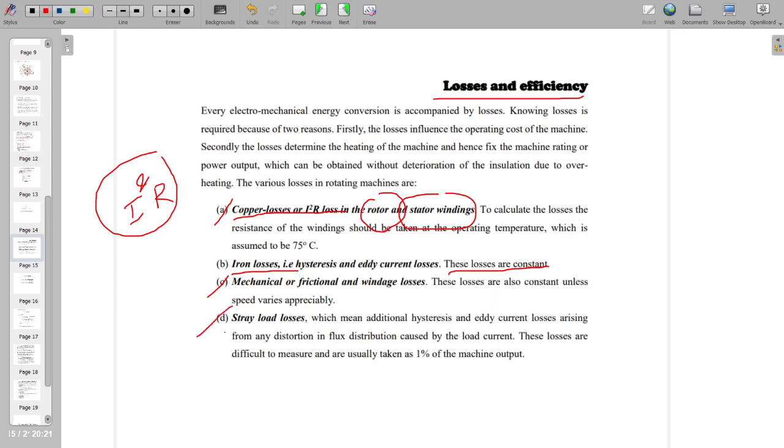The fourth one is the stray load losses, which means additional hysteresis and eddy current losses arising from any distortion in the flux distribution caused by the load current. These losses are difficult to measure, so they are taken as around 1% of the machine output.